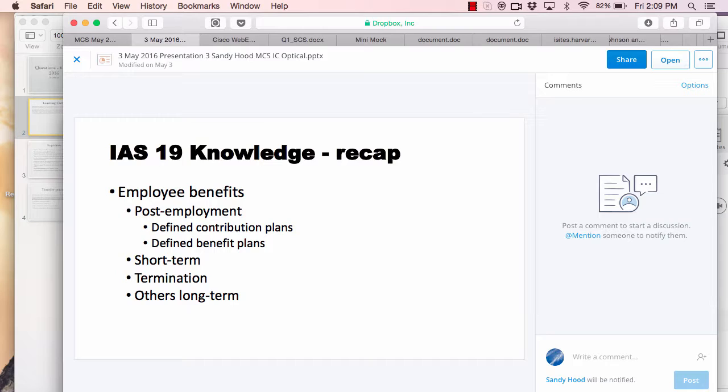Yes. Right. Where would you record this? Will you put it in your financial statements and show it as a liability in your balance sheet? Or will you show it as the long-term benefits in particular, or the termination?